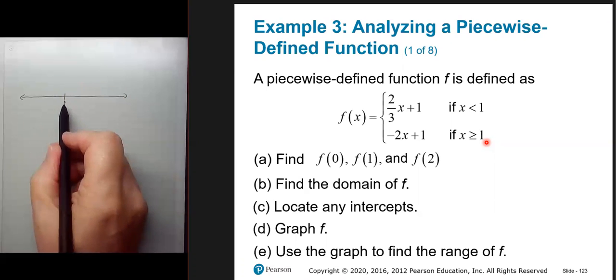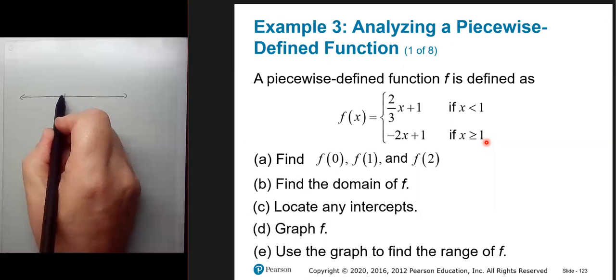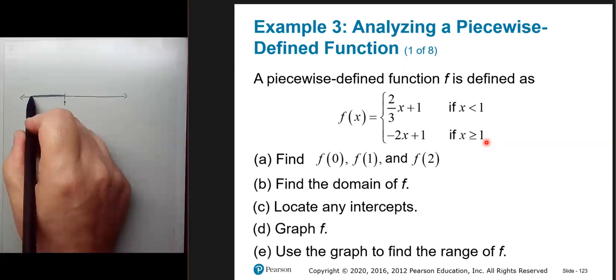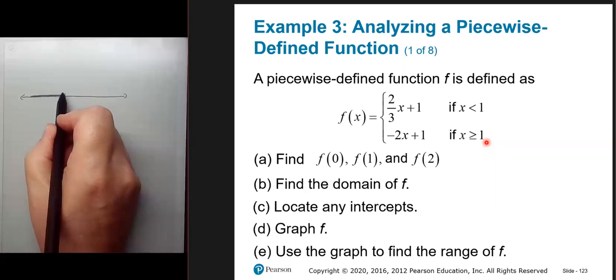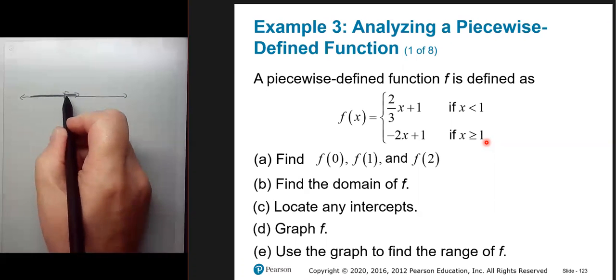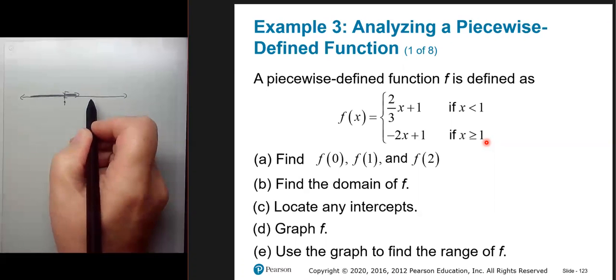But it's not included on the low end on this side, but it is included on the other side, on the larger x values. It's included in that portion of the domain.